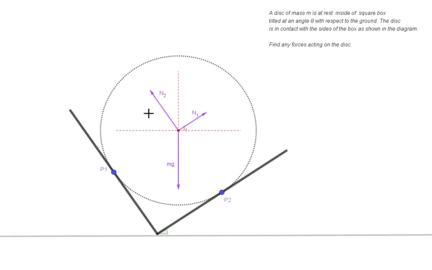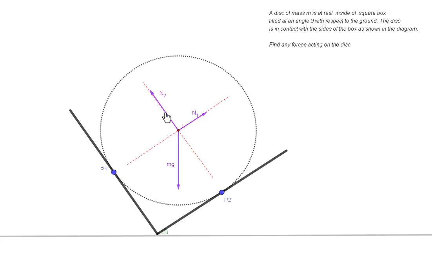But since we can choose any coordinate system we want, we could have chosen this system or polar coordinates or anything else, we may as well rotate these red lines so that they align with N1 and N2. So we can rotate this as so. And why do we know that they're aligned with N1 and N2? Because the question says we have a square box, meaning that this side and this side are perpendicular to each other.